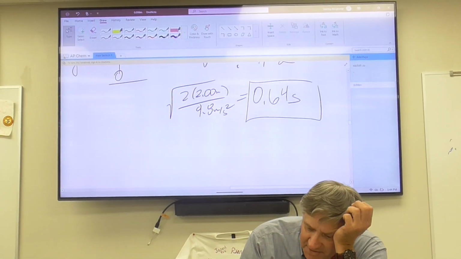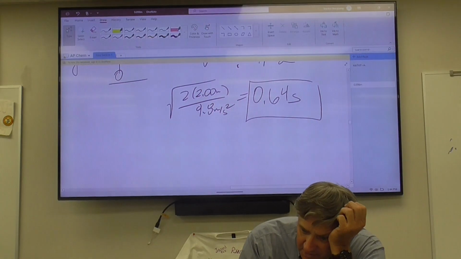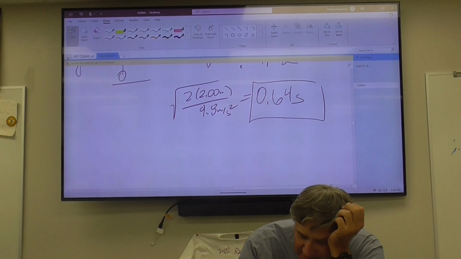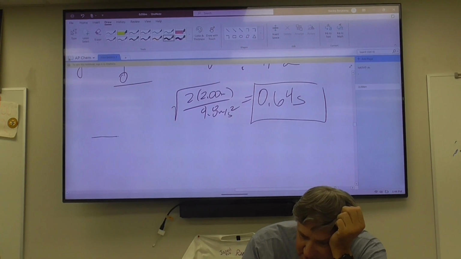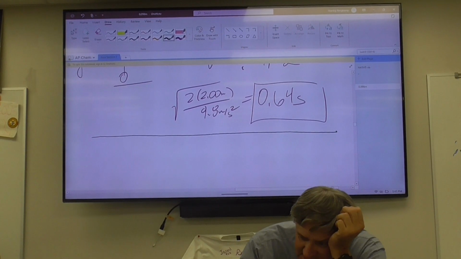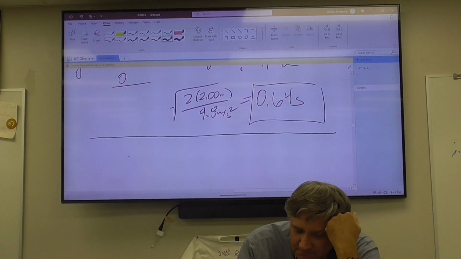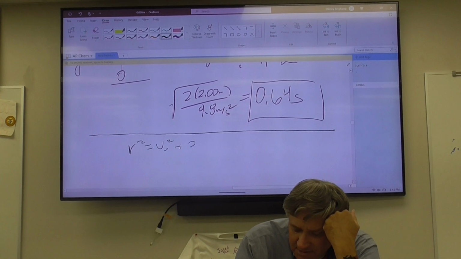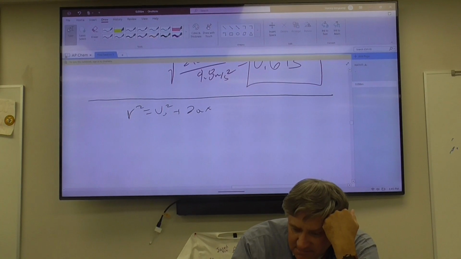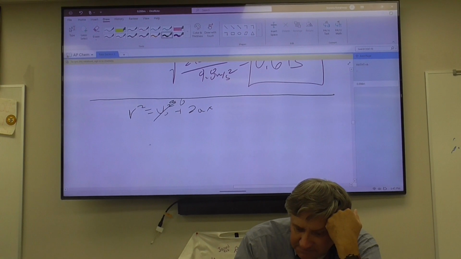So, I need to figure out how fast it's going, but I don't want to use that time in case I screwed up that calculation. So, Scooter, what can I use that doesn't involve time? I can go v squared equals v naught squared plus 2ax. Initial velocity is 0.